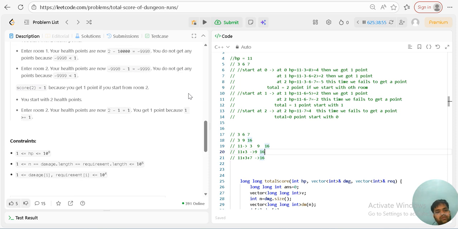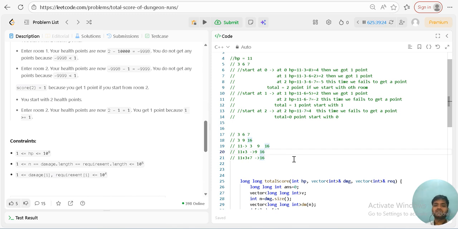So we cannot do that, because n square is 10 to the power 10. So at this moment we have to find that n log n will be a better solution. For that I'm thinking about a binary search solution.